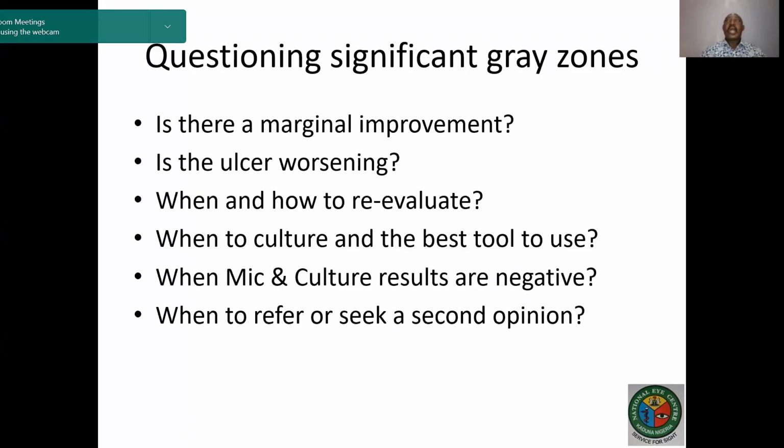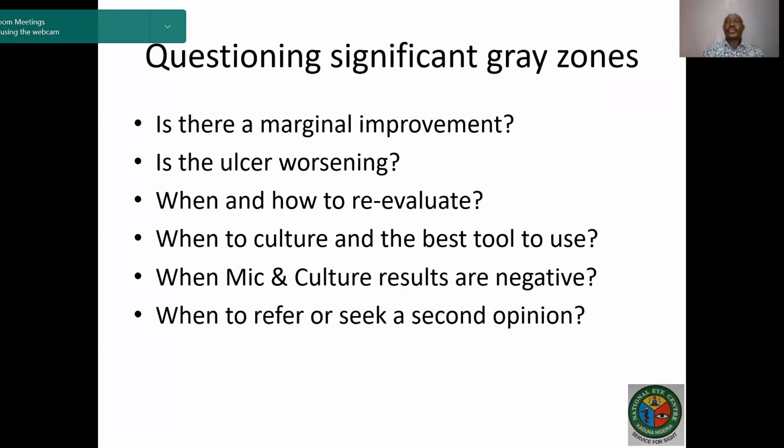Once you have these two important challenges, then there will be a serious need to reevaluate. The timing of when to reevaluate may be dictated by the level of improvement and how the ulcer has been responding to the management that has been instituted.